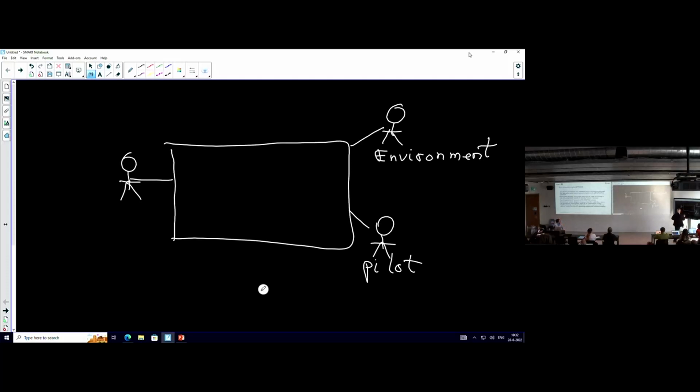And you go inside the system. And you have subsystems. Okay? So we call this approach out-in. Very important. Go from outside the system to inside the system.